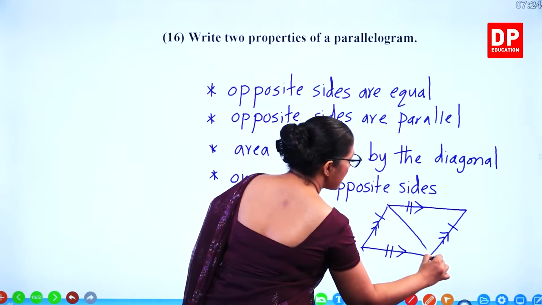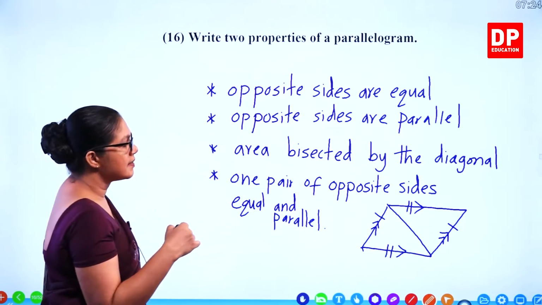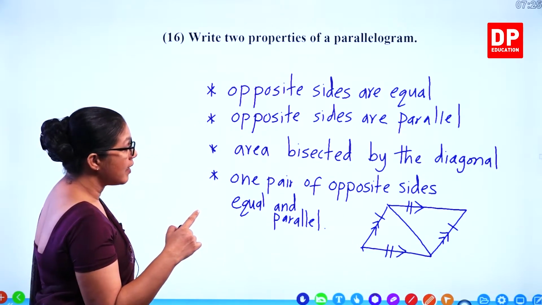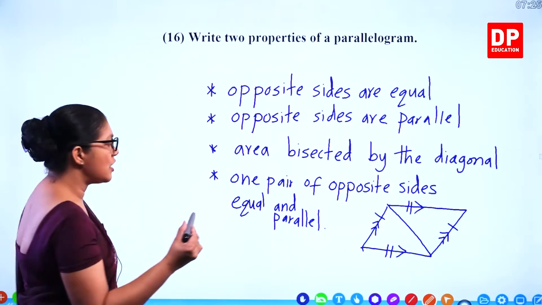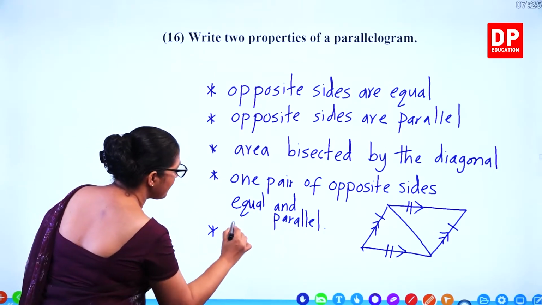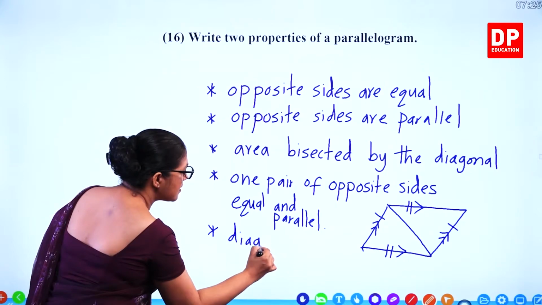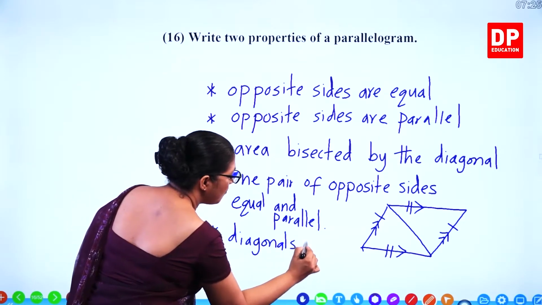So area is bisected, and you can say diagonals bisect each other.